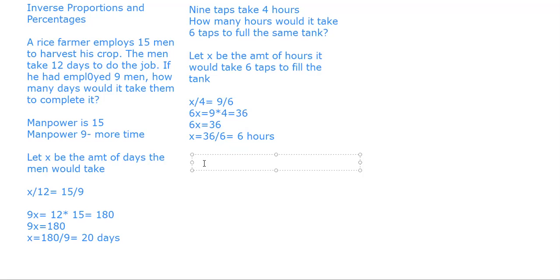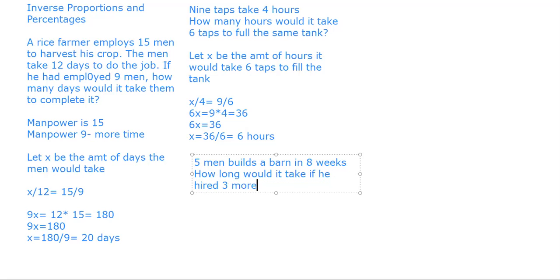A contractor decides that he can build a barn in 8 weeks using 5 men. So 5 men build a barn in 8 weeks. How long would it take if he hired 3 more men?